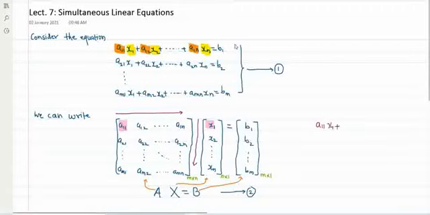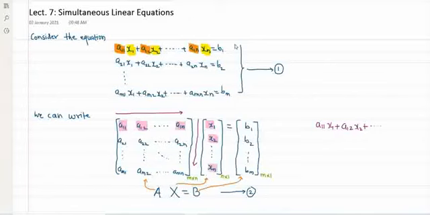Plus, next element is a12 x2. Continue this multiplication. Now the last one is a1n xn, plus a1n xn is equal to, what is the corresponding element on the right side? That is b1. That means if you simplify, you will get the above system of equations. The same equations you are representing in the matrix form.